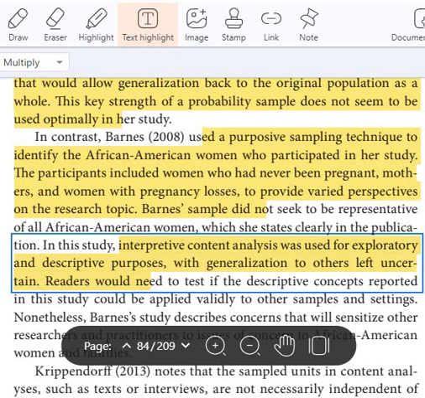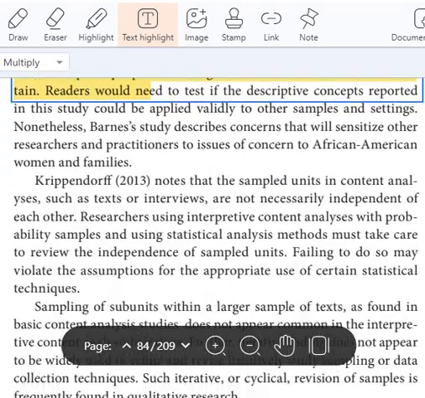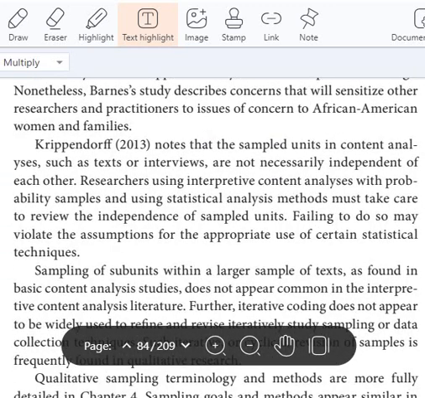Okay, here, let's go to this paragraph. It says that Krippendorff notes that the sampled units in content analysis, such as texts or interviews, are not necessarily independent of each other. This is very important to know. There must be an independence among data. Okay, researchers using interpretive content analyses with probability samples and using statistical analysis methods must take care to review the independence of sampled units.